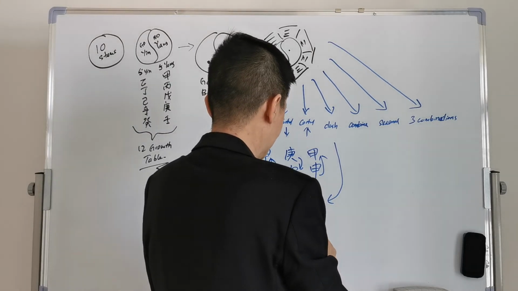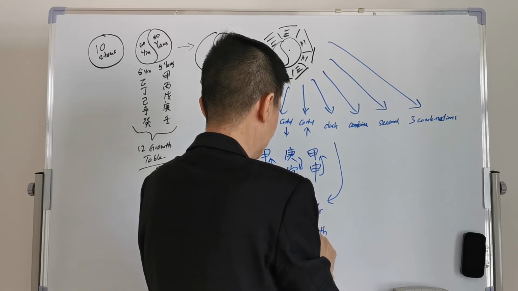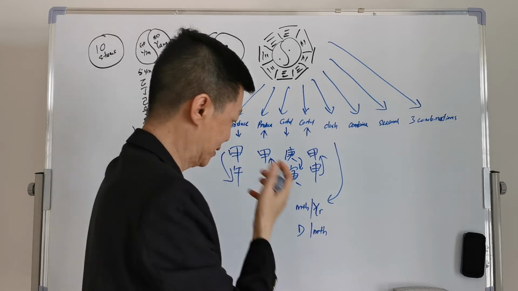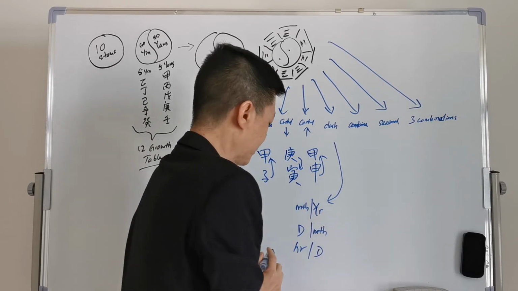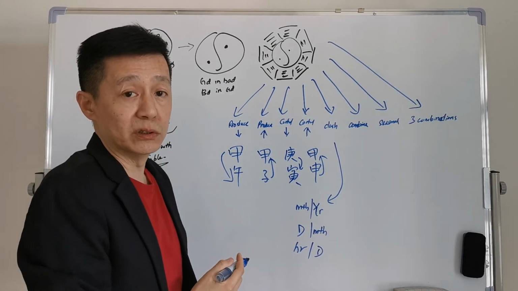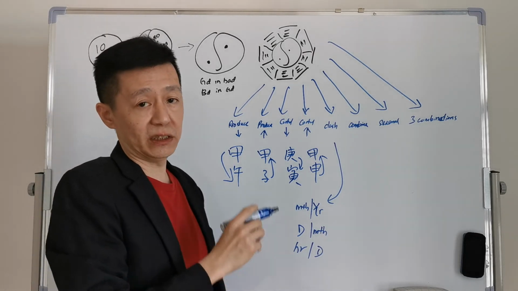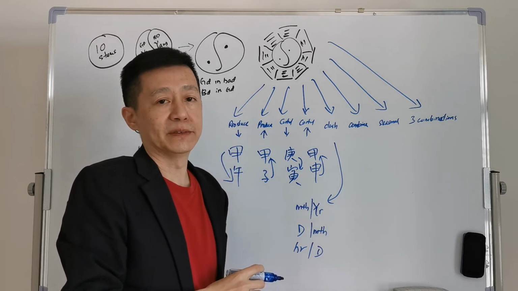Then followed by month and the day. So the month clashes the day or the day clashes the month. Then followed by day, hour. Who clashes who? You must understand all this. Clashes are only between animals. Stems are all control. Understand?